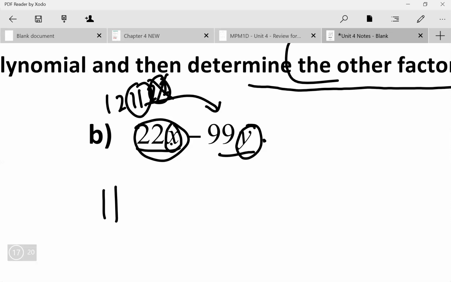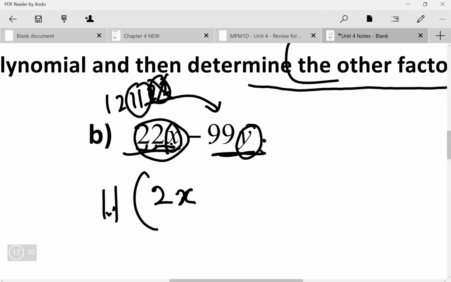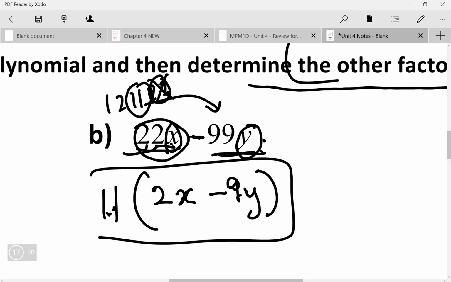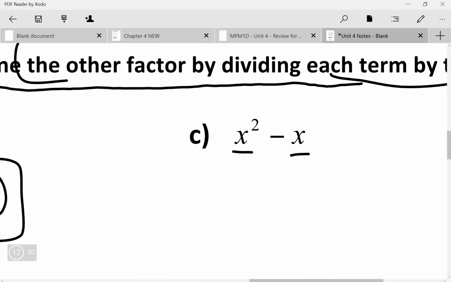I have to find a variable that's common to both terms, and there is no such variable. So 11 is the extent of my greatest common factor. Divide out: 22x divided by 11 is 2x. Negative 99y divided by 11 is minus 9y. And this is my final expression.